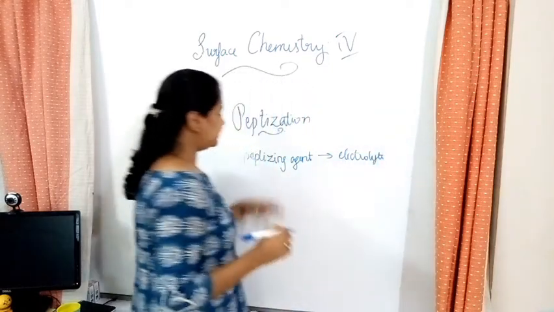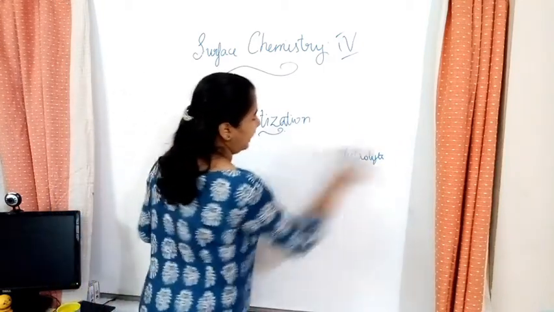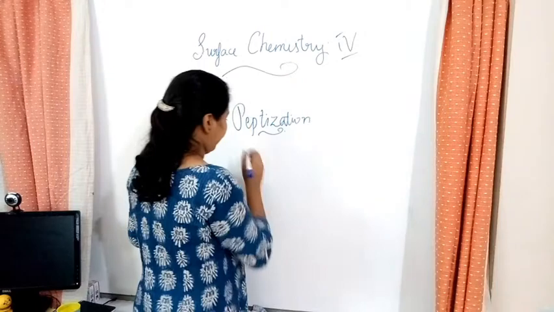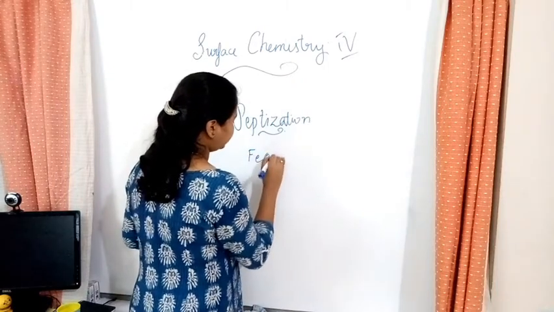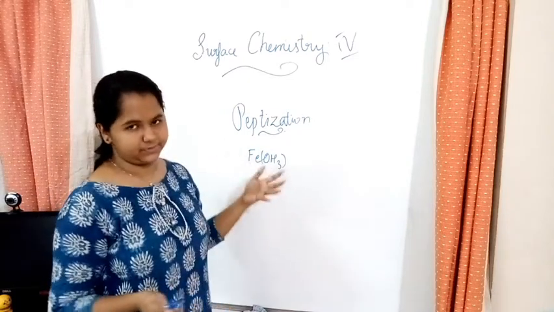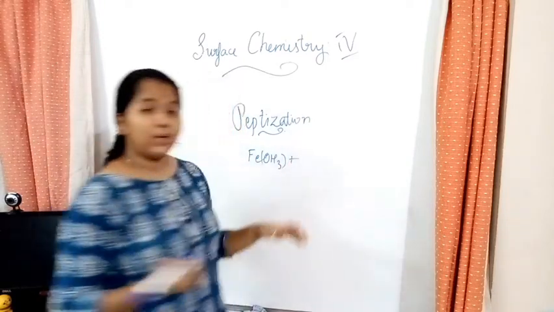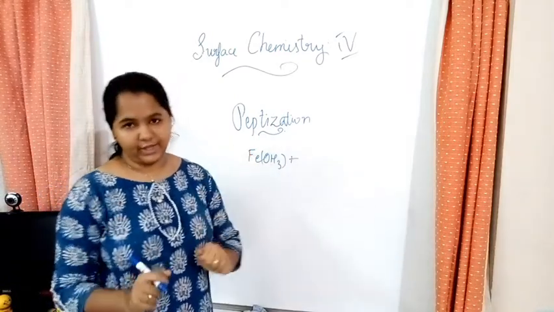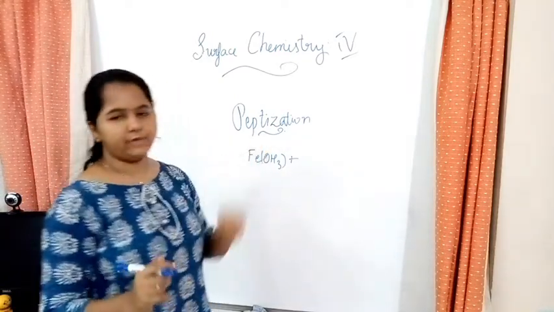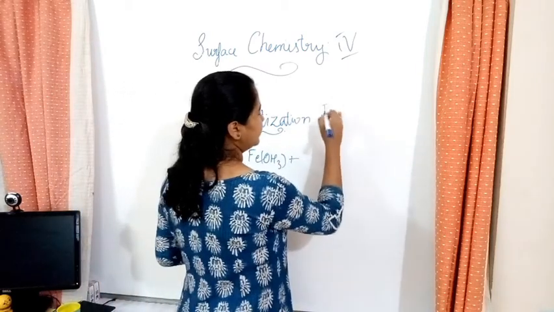Let's see an example. I'm taking FeOH thrice, a freshly prepared precipitate, and I'm adding an electrolyte which has a common ion in it. Let's see which ions are there for FeOH thrice.